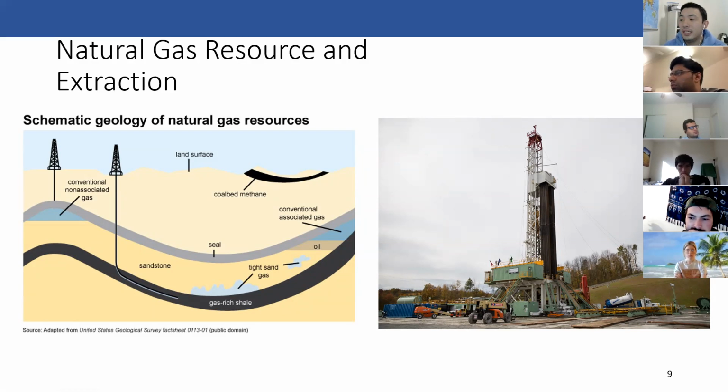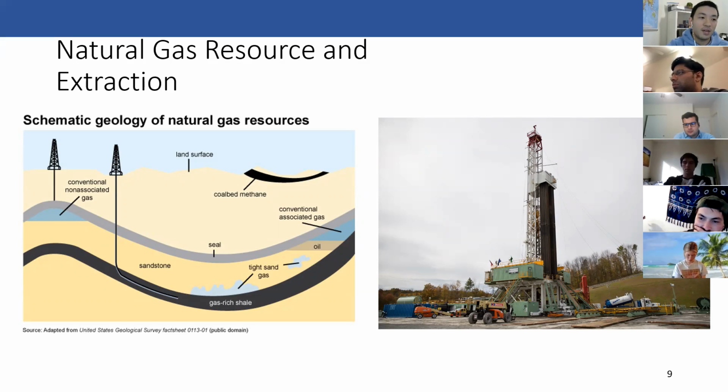And more recently, you may have heard of a technique called fracking. That is also known as unconventional resources. And that has led to a fairly large increase in the reserves for natural gas, in that we now are able to tap into a larger pool of resources than before.